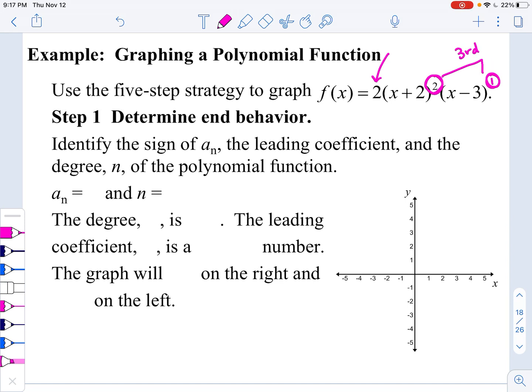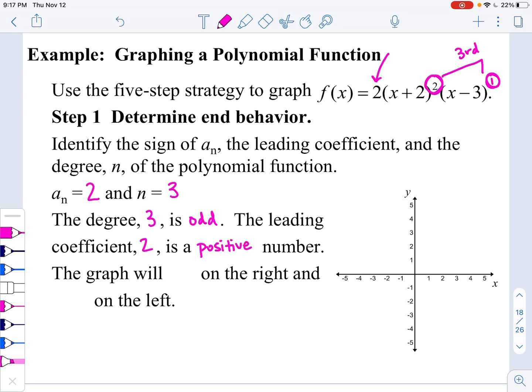So a sub n, the leading coefficient, is 2, and n, the degree of our function, we said was 3. Is that even or is that odd? Well, 3 is odd, so it's an odd degree. It says the leading coefficient, which we said was 2, is a positive number.